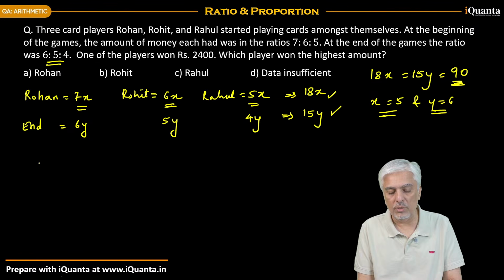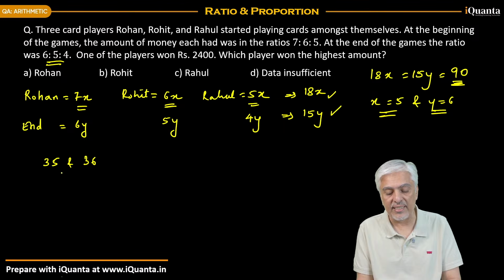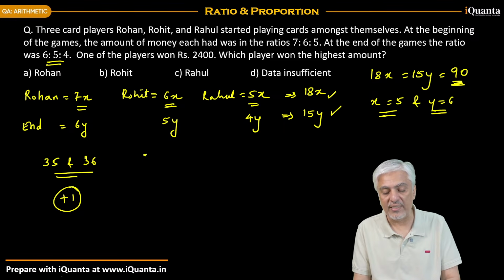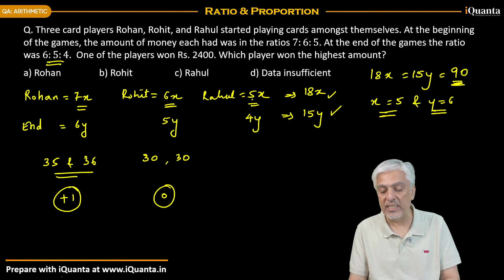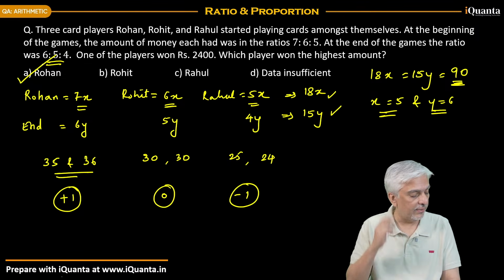So Rohan started with 7 5s are 35 and ended with 6 6s are 36. So he's plus 1. Rohit started with 6 5s are 30, 5 6s are 30. So 0 rupees. While Rahul started with 25, ended with 24. So loss of 1. So Rohan is the only winner.